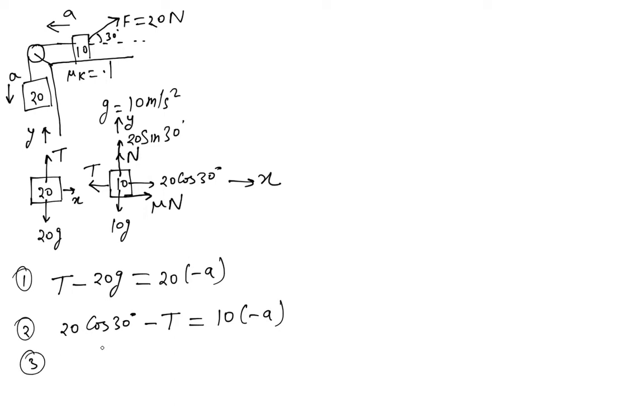Third is that in the y direction for this mass, it will be 20 sin 30 degrees minus 10g plus N equals 0, and this immediately gives you N equals, we forgot to write friction here, so this will be plus mu N. You see, this force, and this force, all three are there.